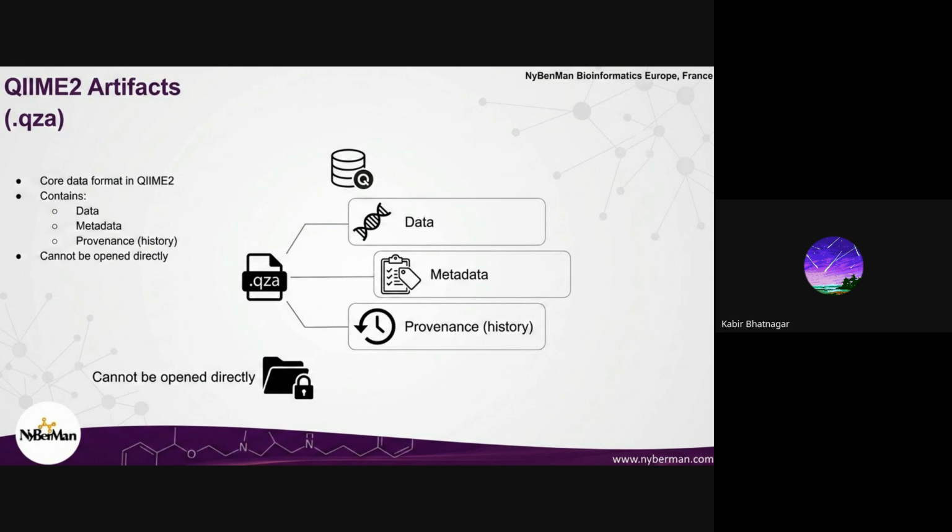If you go wrong somewhere, you can check the pipeline to see where you went wrong and why the error is being shown. So it is good to have this provenance and history, but these cannot be opened directly. You can't just open and visualize it.